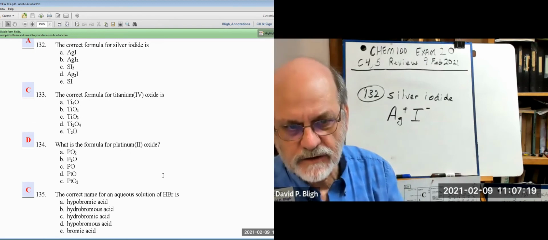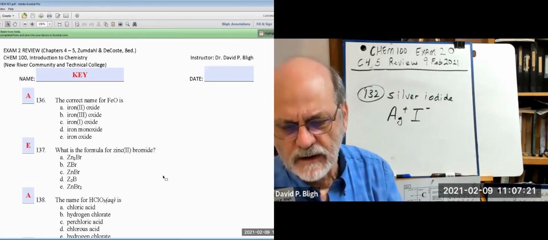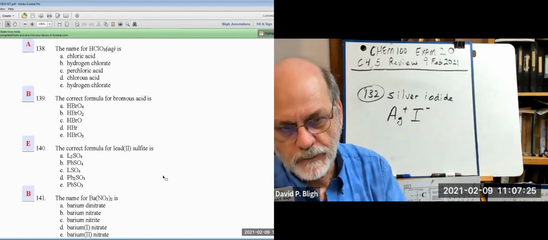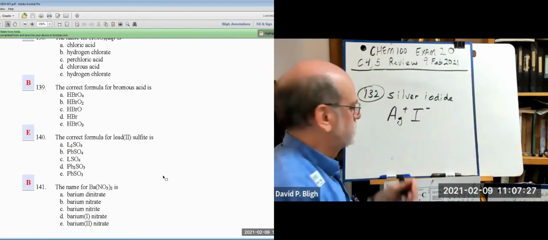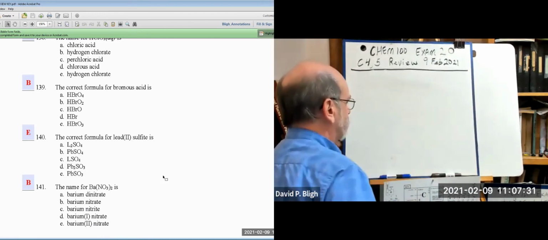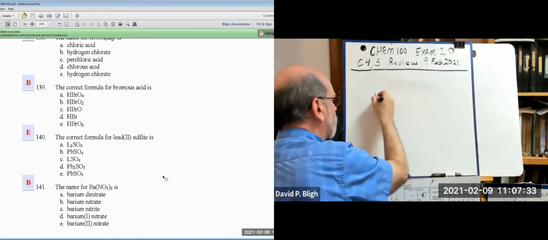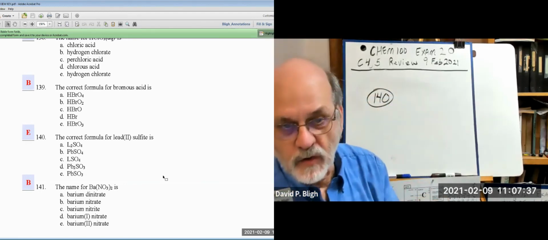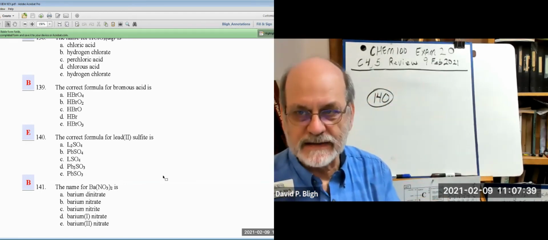Okay, let's skip down to a lot of repetition of previous discussions. 140. Okay, the correct formula for lead(II) sulfite.